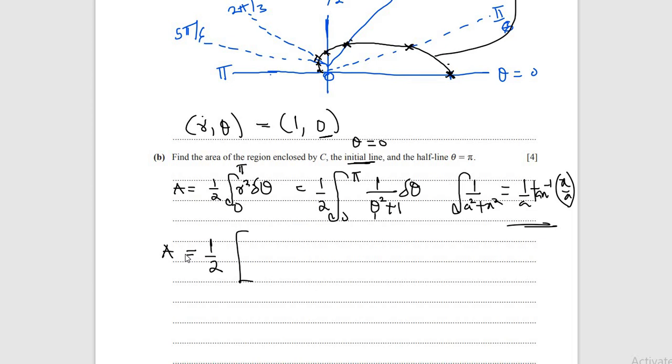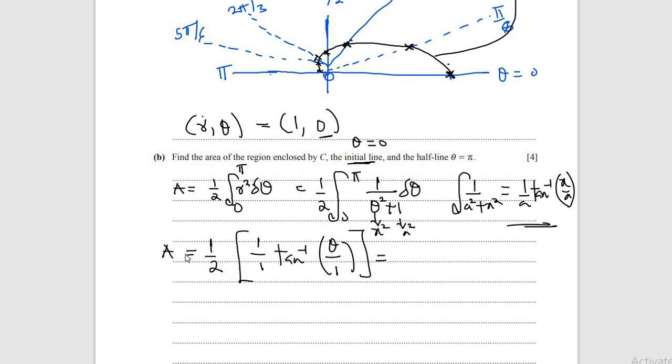In this case, this is our x, and a is always a constant. So it will be 1 over 1 arctan, where our x is theta and a is 1.